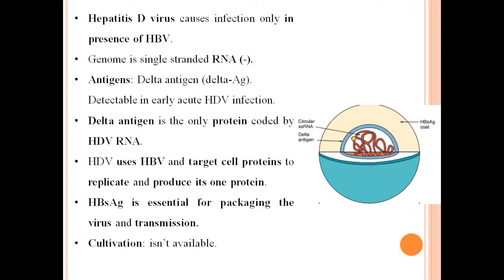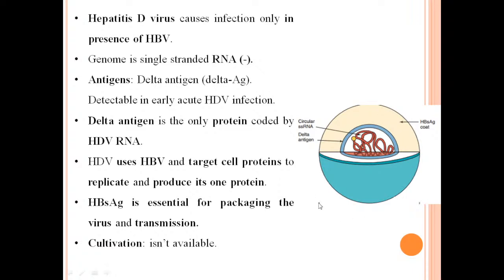Antigens: delta antigen. This is detectable in early acute hepatitis D infection. Delta antigen, as you can see in this diagram, is the only protein coded by hepatitis D virus RNA. Hepatitis D virus uses hepatitis B virus and target cell proteins to replicate and produce its one protein.